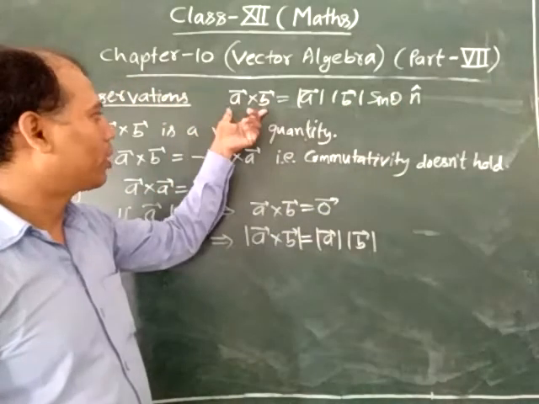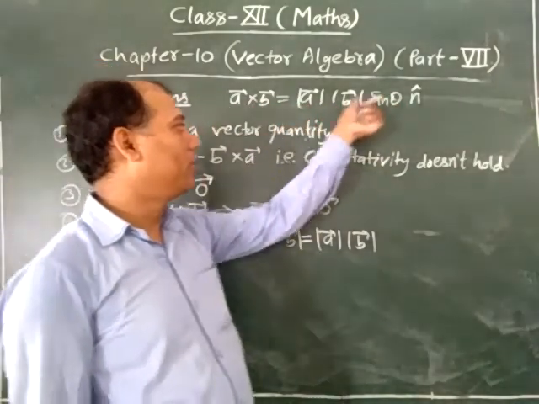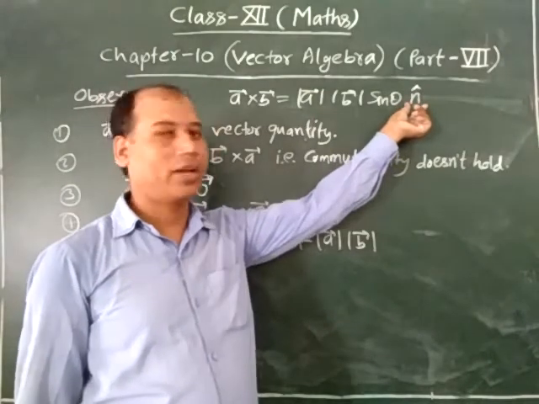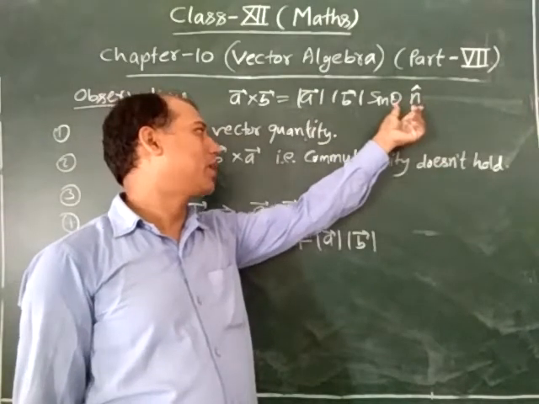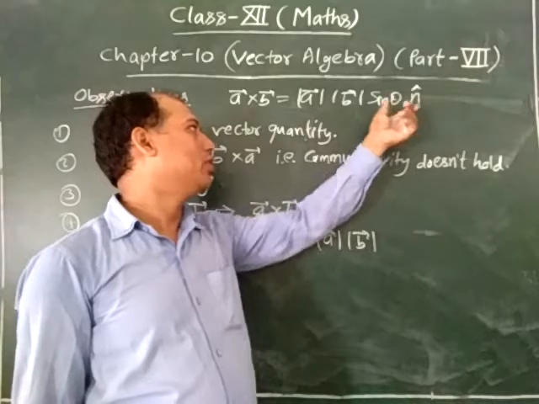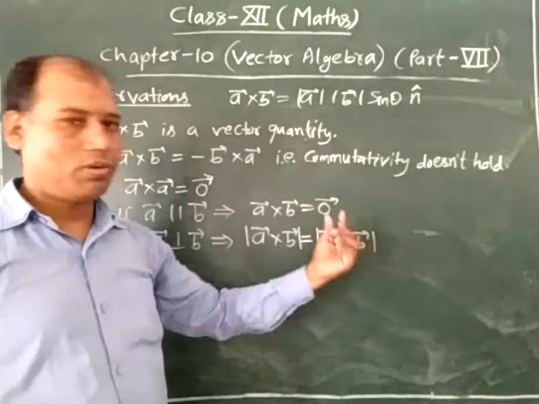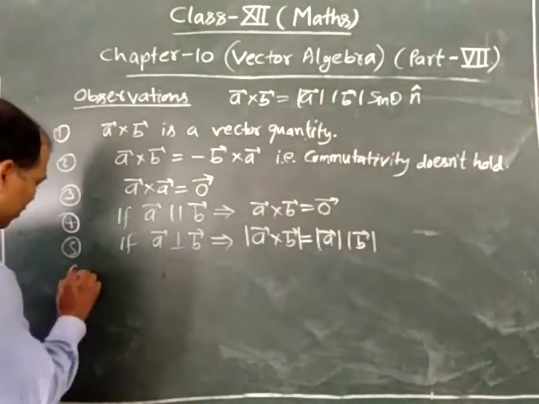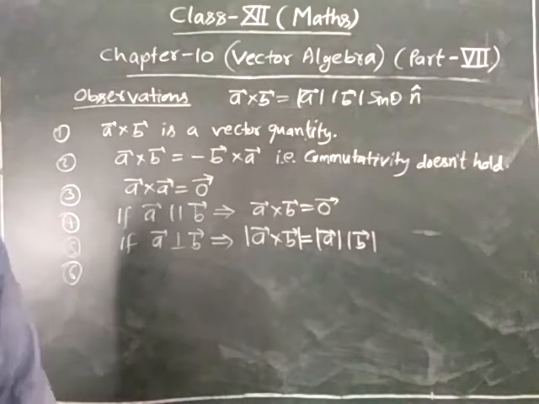So modulus of A cross B is equal to mod A mod B, and the modulus of n cap, which is a unit vector, is 1. So we get mod A into mod B. It is clear, students?